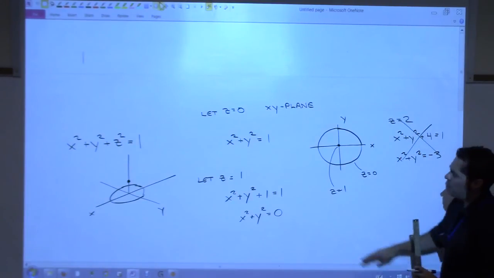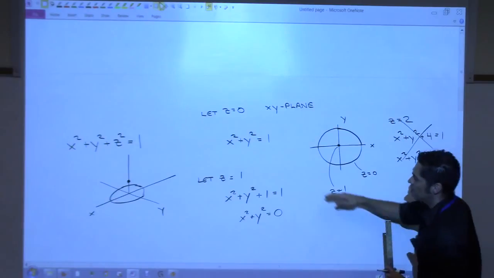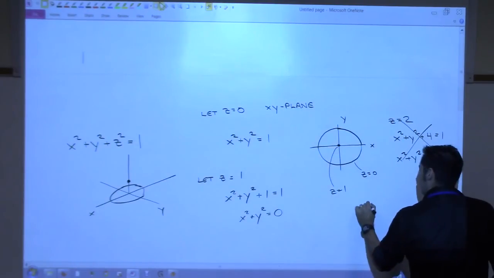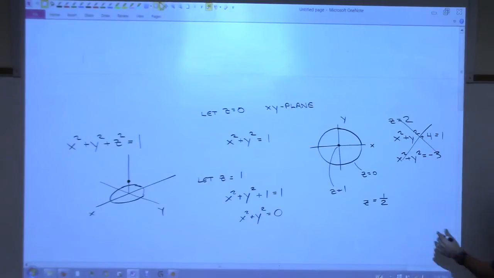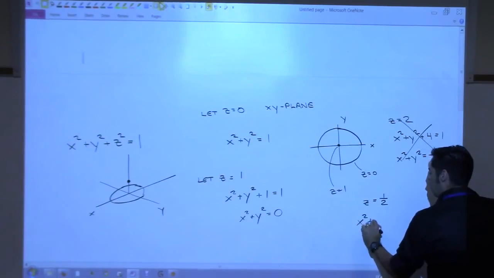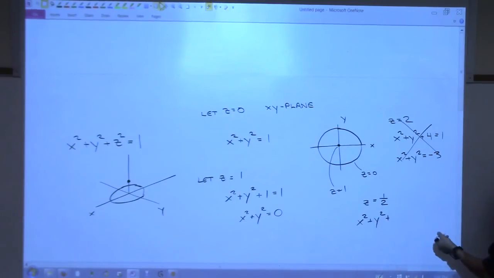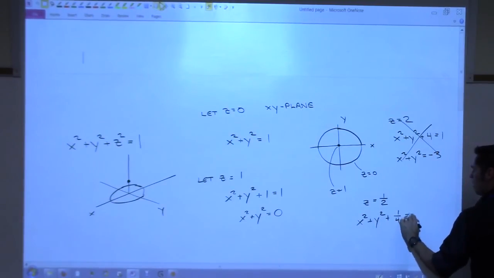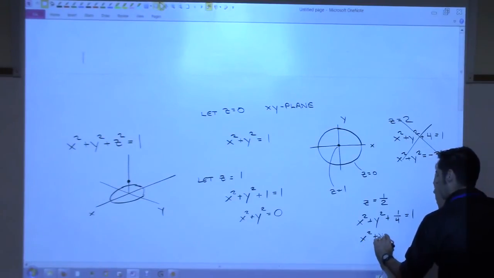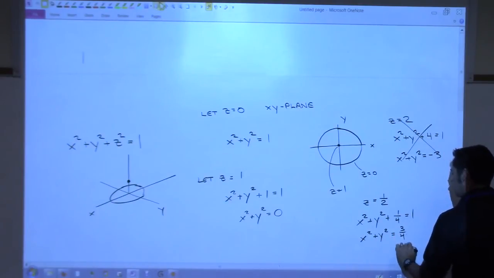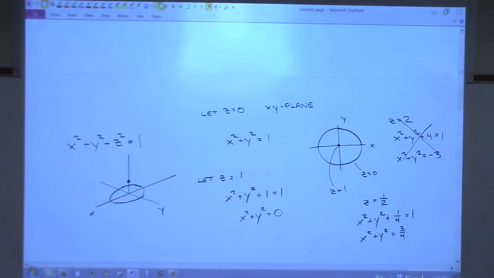So we got to go something smaller, something between 0 and 1. So 0.5, how about 1/2? Can I do it that way? Z is a half. So if I do a half, x squared plus y squared plus a half squared, which is 1/4, equals 1. Subtract from both sides, x squared plus y squared equals 3/4. And then the radius here would be root 3 over 2. Square root, top and bottom, right?